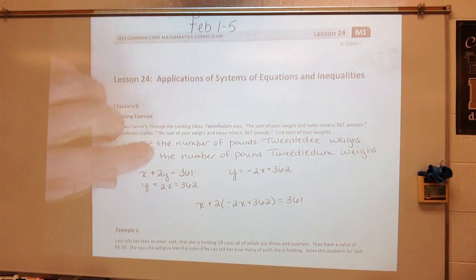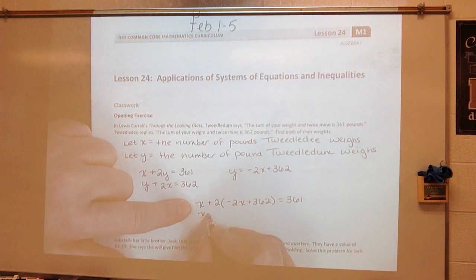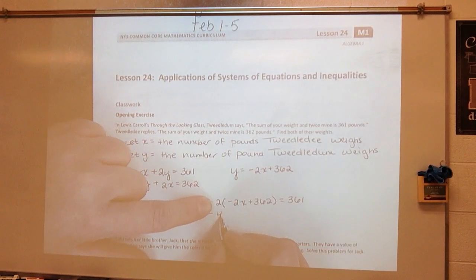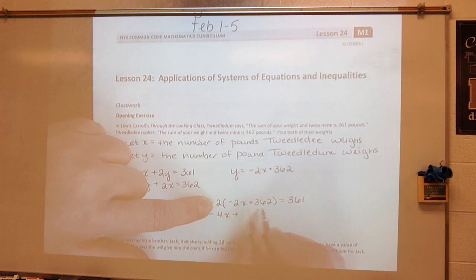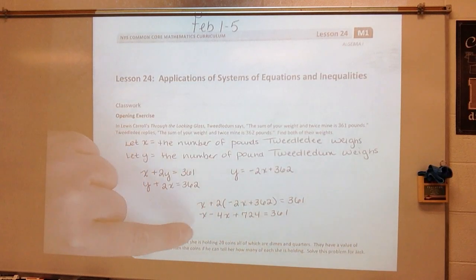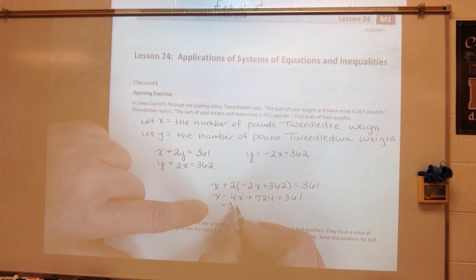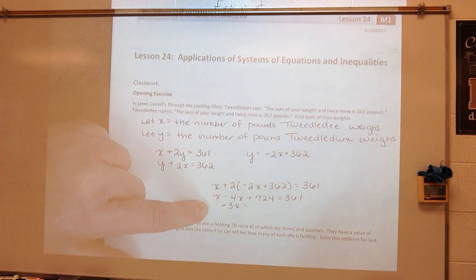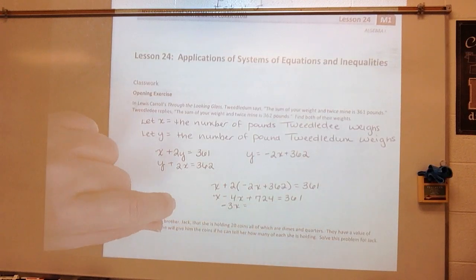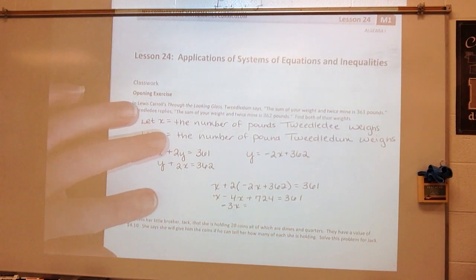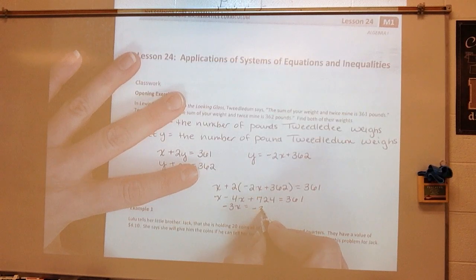And now let's solve it. So x minus 4x plus, we need to multiply that, so that would be 724, is equal to 361. Combine my like terms, I get negative 3x is equal to, if I subtract 724, negative 363.